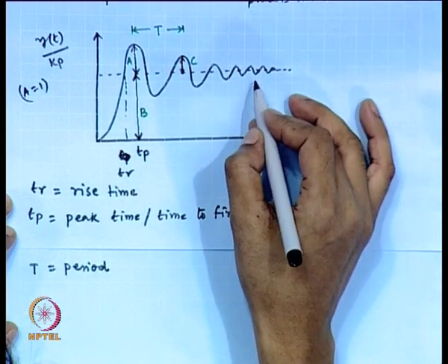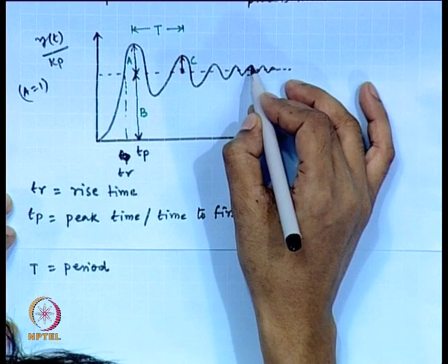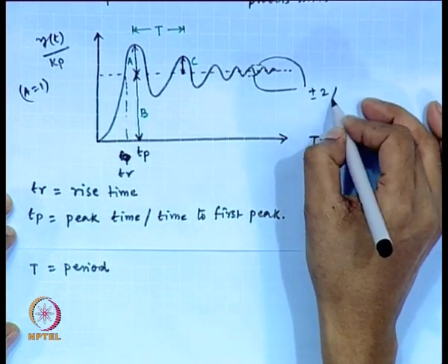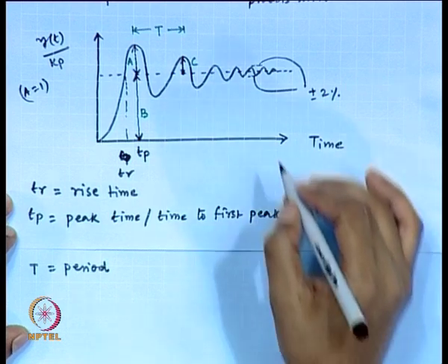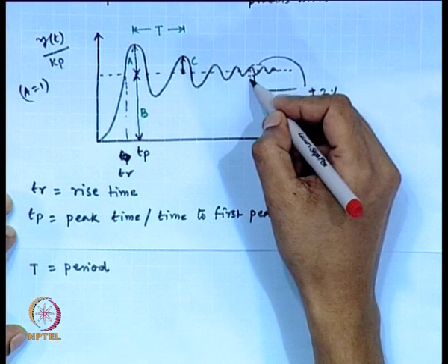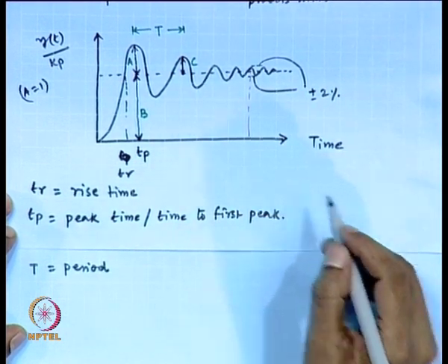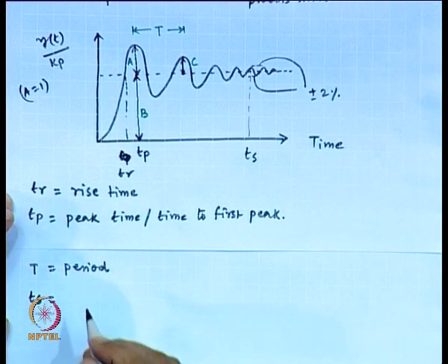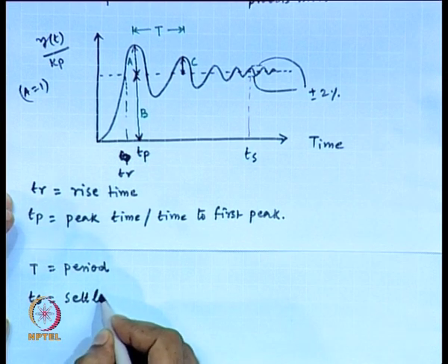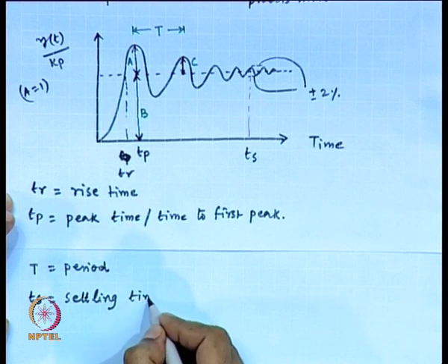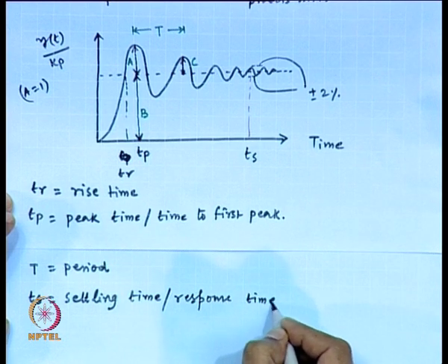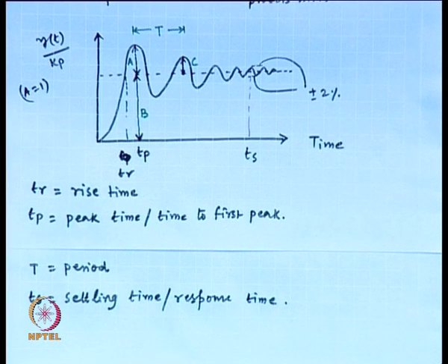Fine. And these are indicating plus minus 2% deviation, and the corresponding time we will represent by T s, where T s is the settling time or response time.